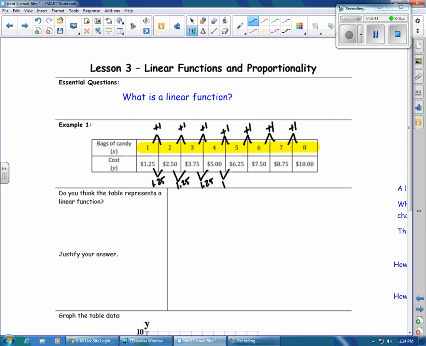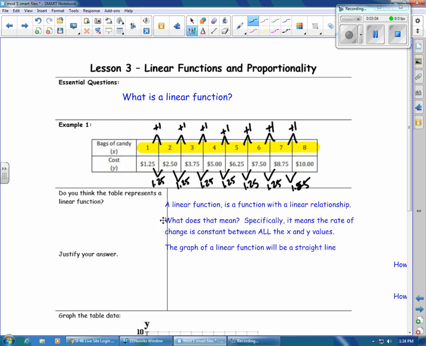And $5 plus 1.25. Okay, so it looks like, let me just check these last couple because it could fool you at the end. Okay, each of our intervals, each additional bag of candy costs another $1.25. So I'm going to say, yes, this is a linear function.